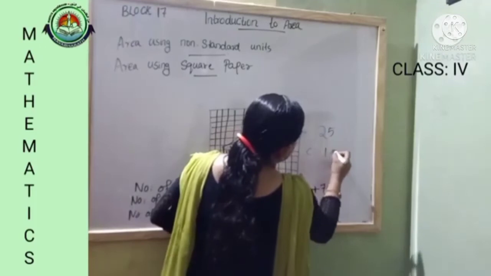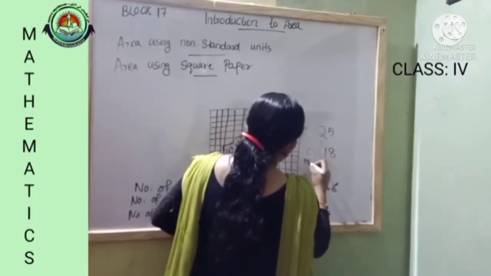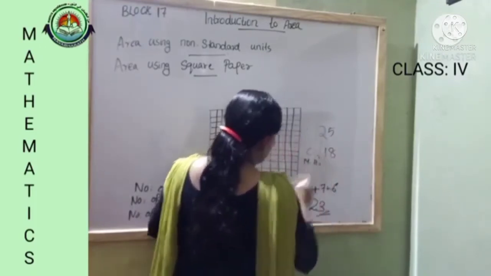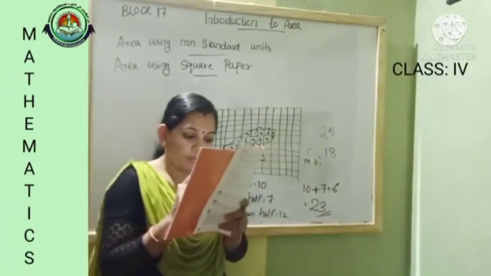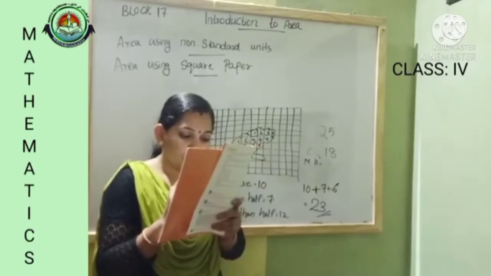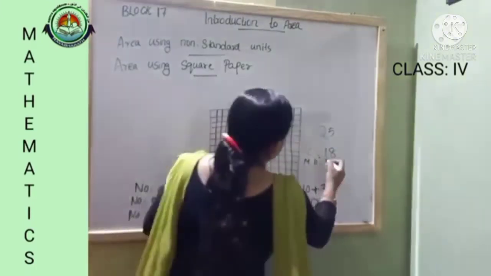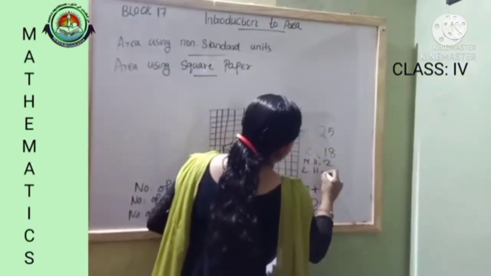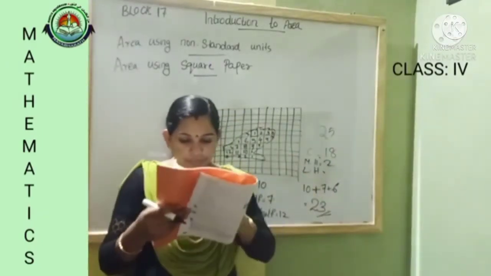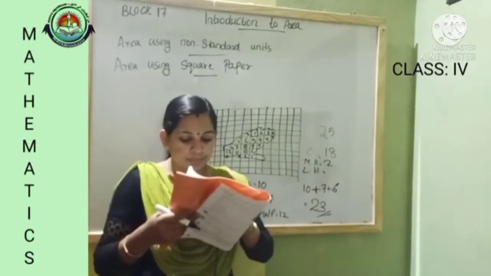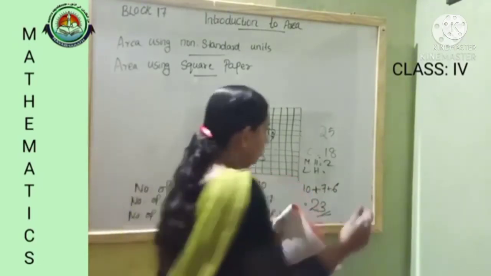Complete squares 18. Then more than half, you want to write. Okay. More than half, 1, 2. Then less than half, you write MH and LH. Okay. Less than half, 1, 2, 3, 4.